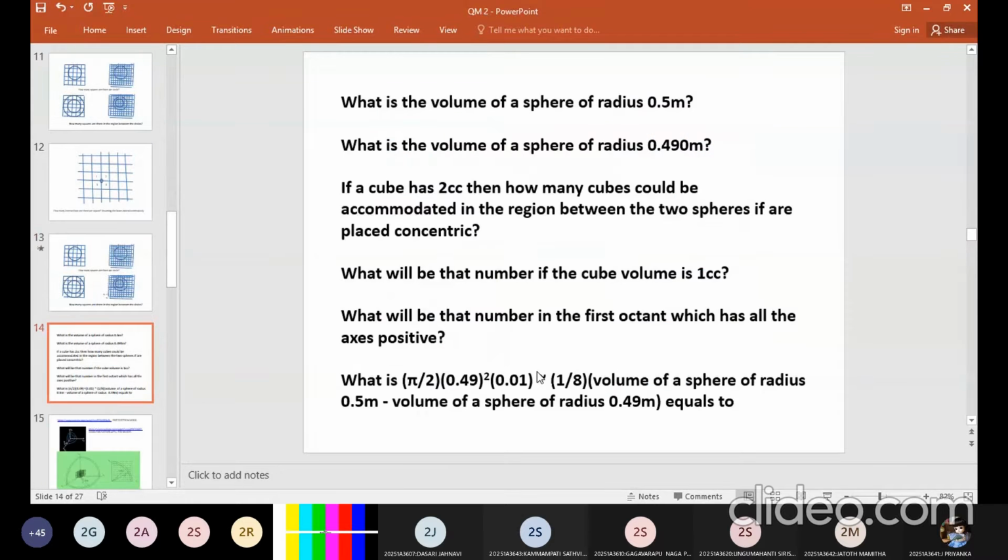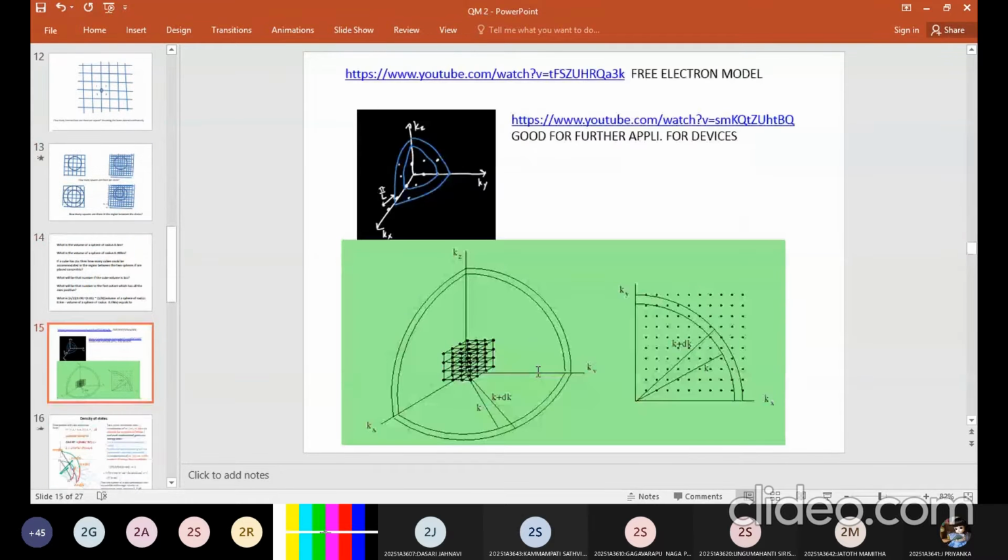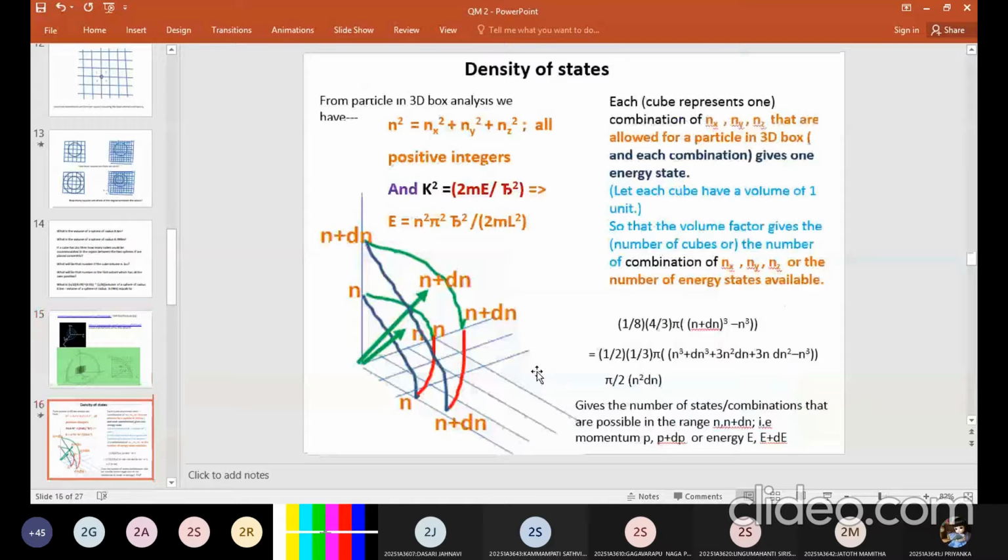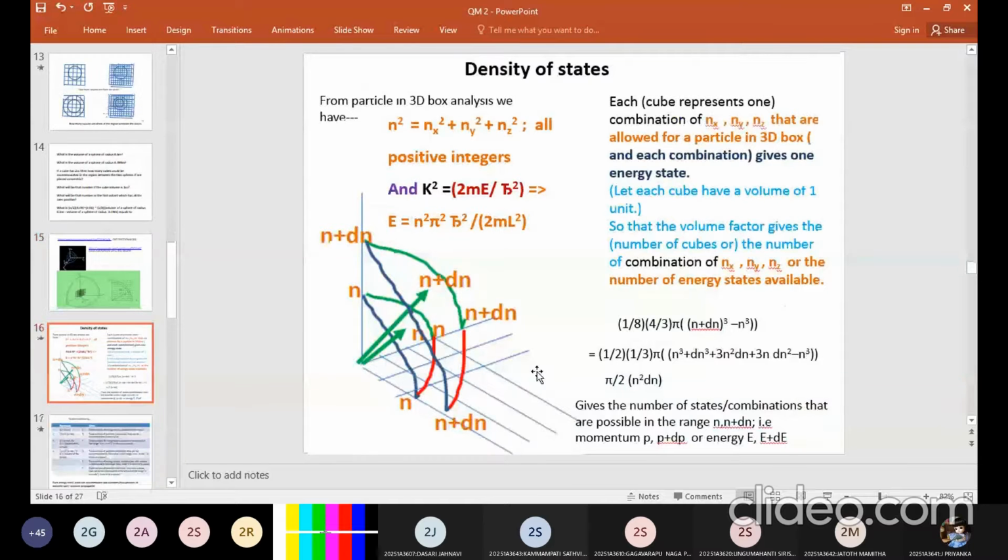Now, I want to find out how many nx and ny combinations there are for n value ranging from n to n plus dn. When I have n value ranging from n to n plus dn, I want to find out how many combinations of nx, ny, and nz are there between these two.